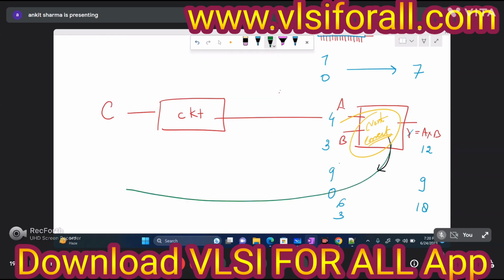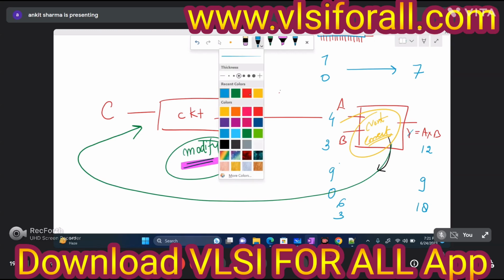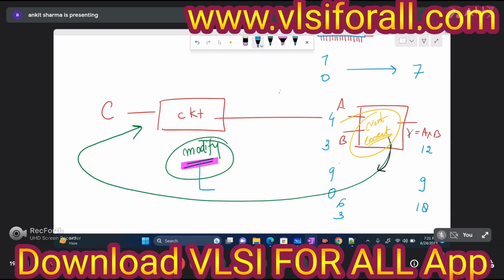Now the customer again comes to the design engineer. वो design engineer के पास again आएगा. Then what will the design engineer do? The design engineer will modify the circuit. So the one word here is modify. You know what the disadvantage or problem in this is?